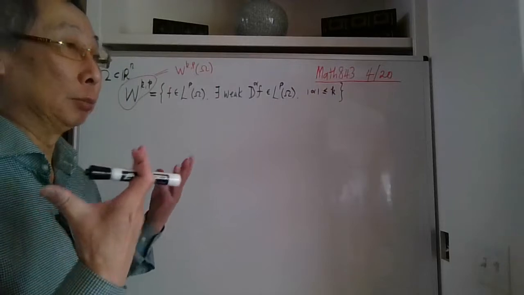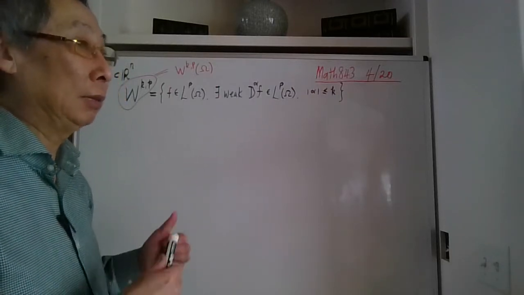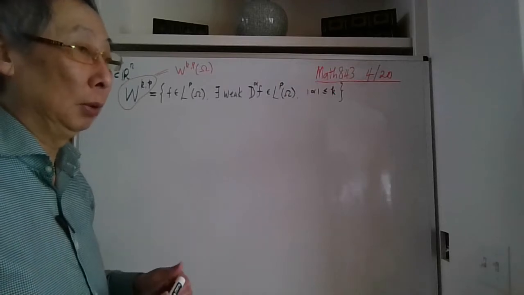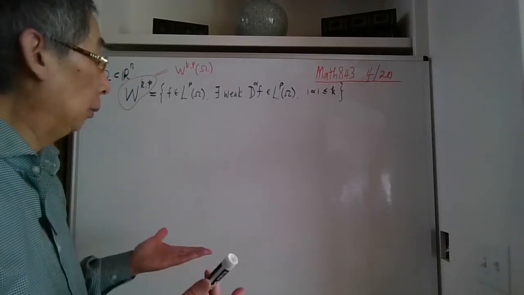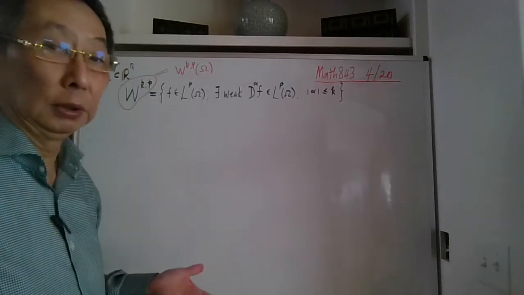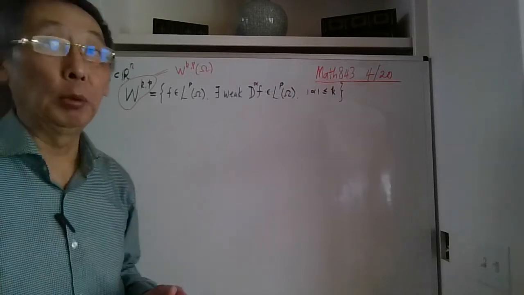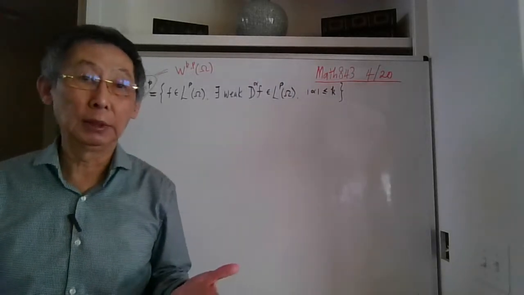So measurable functions carry some kind of uncertainty property. For instance, if you change values, the function is not going to change. So sometimes it's not easy to handle compared with functions in the classical sense.